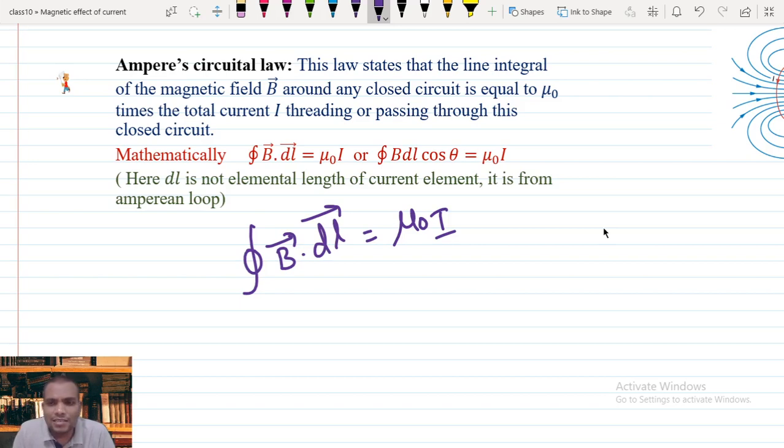Here my task is to find the magnetic field. Suppose I have an infinite length of wire which is carrying current I, and I would like to find the magnetic field at this point P. I want to find it very easily, because Biot-Savart's law gives very tedious mathematical expressions to find the integrations.